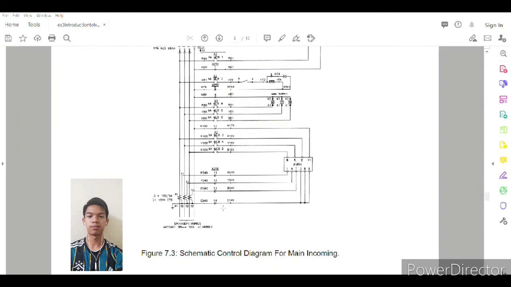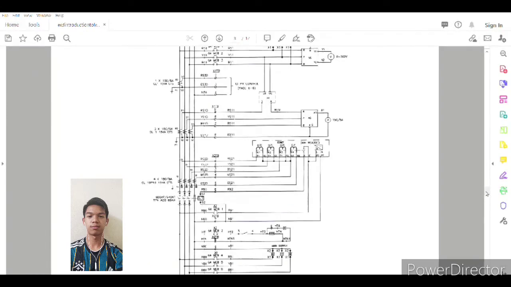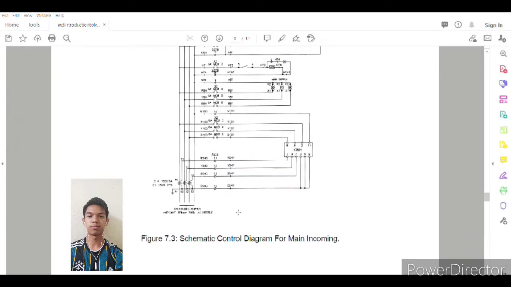After that, you see the connector or the contactor, which is the point to connect the cable to the kilowatt meter. Then you see this is the CTs, current transformers, labeled 3 times 150/5A.